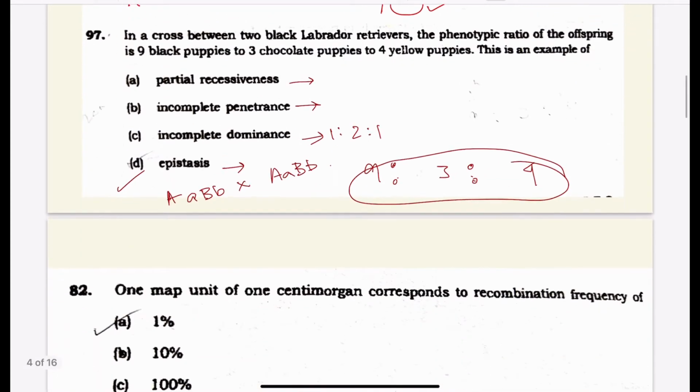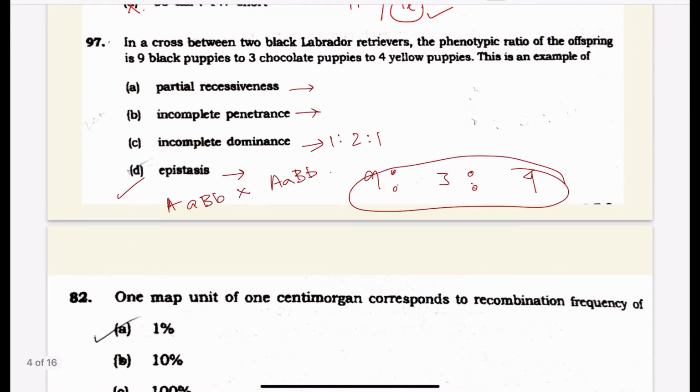Next question. In a cross between 2 black Labrador retrievers, the phenotypic ratio of the offspring is 9 black puppies to 3 chocolate puppies to 4 yellow puppies. And this is an example of: A, partial recessiveness, B, incomplete penetrance, C, incomplete dominance, and D, epistasis.